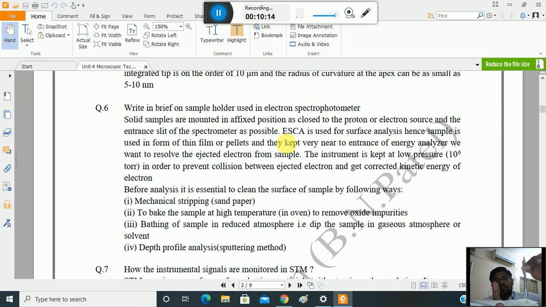That pattern of scanning the surface of any solid material is known as rastering, a raster pattern.